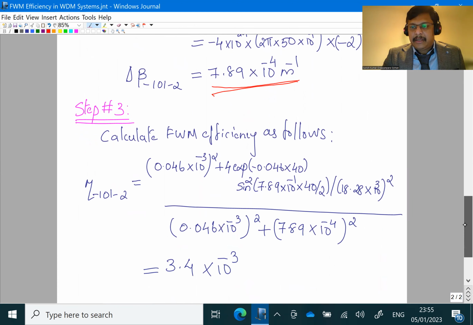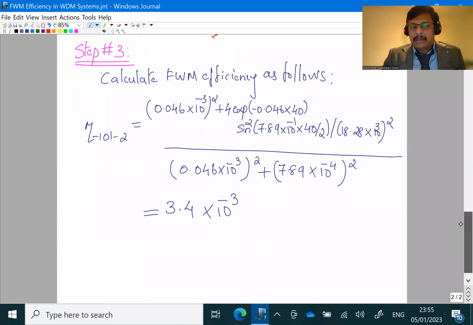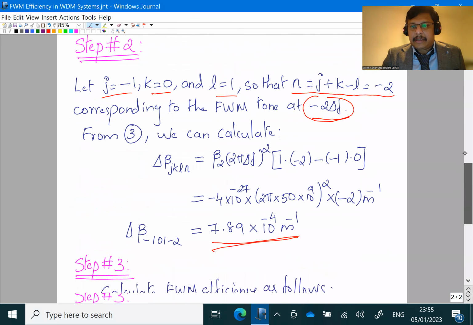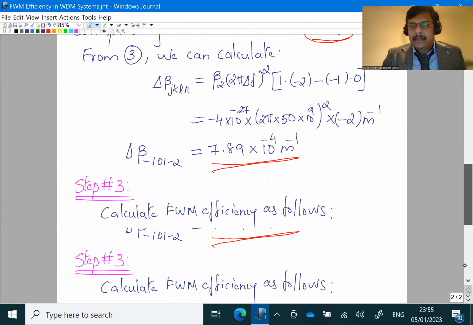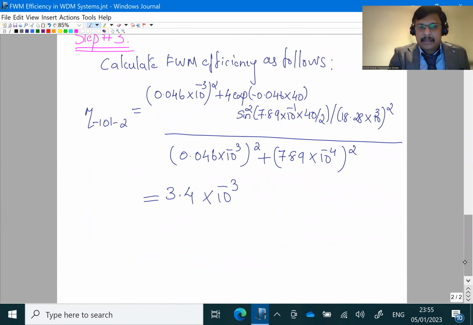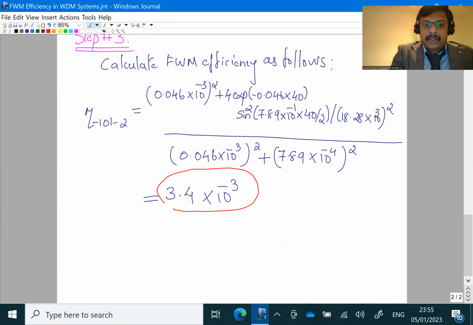So in step 3, we substitute all these calculated values in equation number 1 to compute the FWM efficiency. And by substituting the values and performing several simple calculations, we get the four-wave mixing efficiency as 3.4 into 10 to the power minus 3.